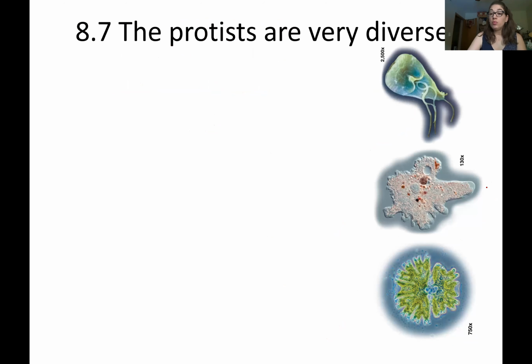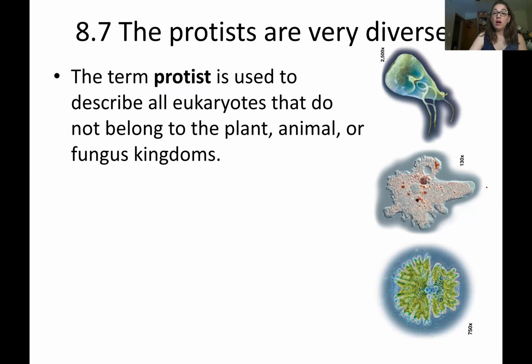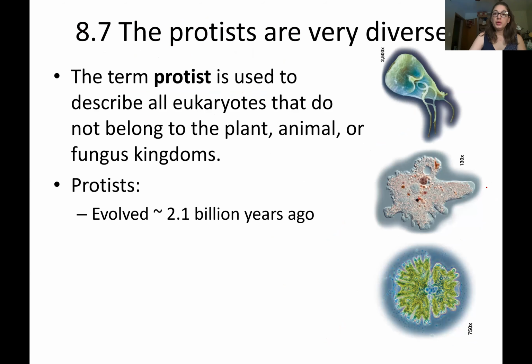Okay, let's talk about protists. They are very diverse. So the term protist is used to describe all eukaryotes that don't belong to plant, animal, or fungus kingdoms. So a little bit about protists. They are believed to have evolved about 2 billion years ago. This is based off of what we see from the fossil record.